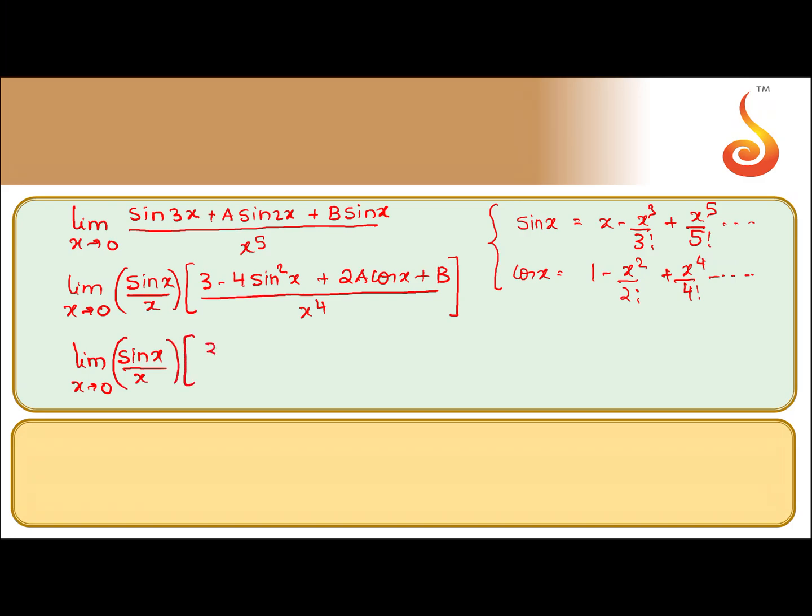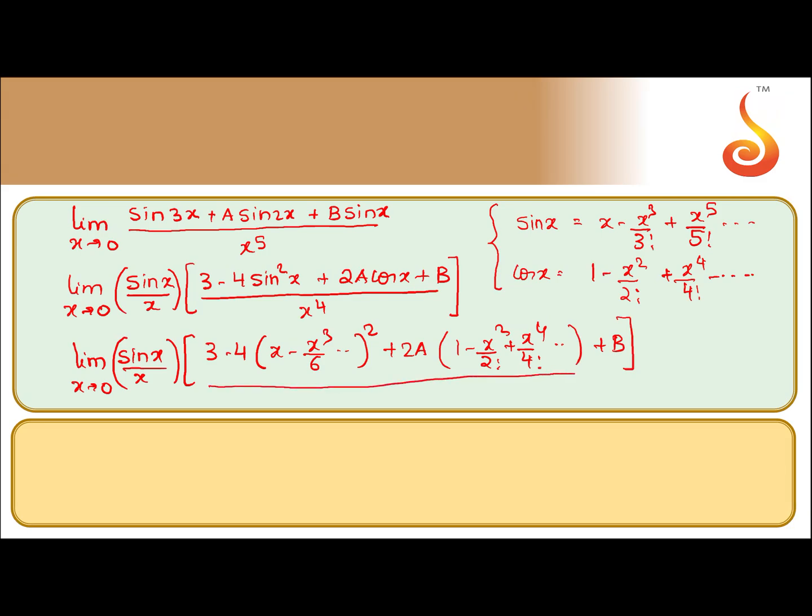Now 3 minus 4 (x minus x cubed by 6 and so on) whole square, plus 2a times cos x expansion, which is 1 minus x square by 2 factorial plus x to the power 4 by 4 factorial and so on, plus b. Why we wrote up to x to the power 4? Because denominator is x to the power 4. Remaining all terms will cancel.